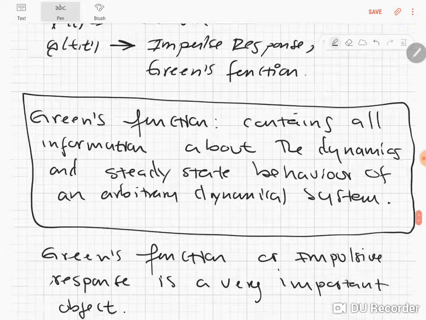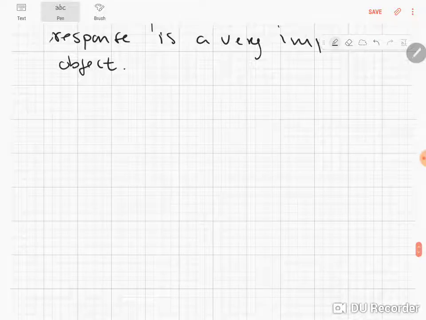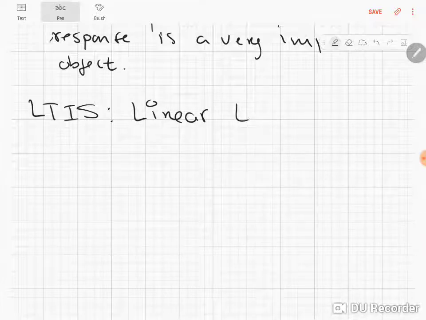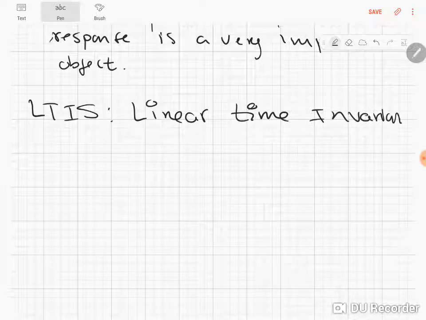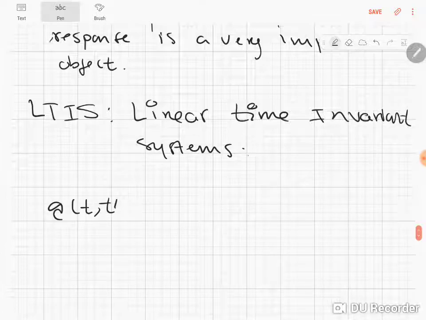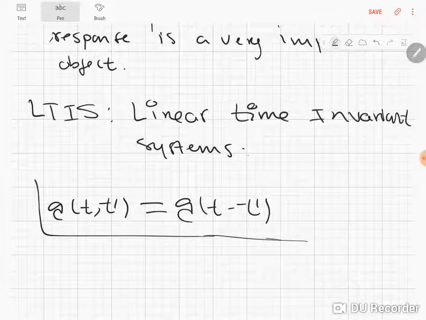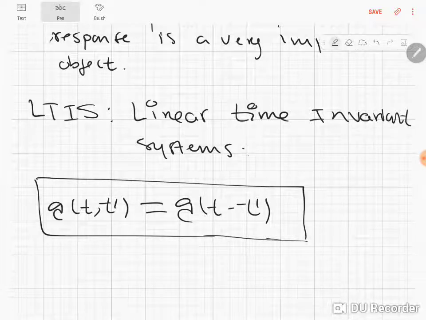From this general convolution integral, let's particularize it for LTI systems, which are linear time invariant systems. When a system is linear and time invariant, the Green's function g of t comma t prime becomes a function of the difference between the two times. That's the consequence of linearity and time invariance.